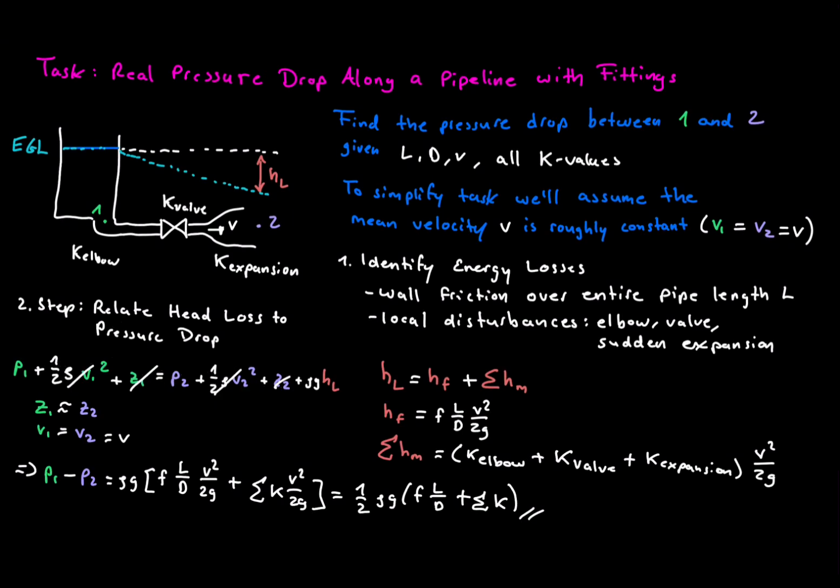Pressure 1 plus 1/2 density V squared equals pressure 2 plus 1/2 density V squared plus density g times h sub L. The kinetic terms cancel, leaving pressure 1 minus pressure 2 equals density g h sub L. The total head loss is the sum of the friction loss and the minor losses. h sub L equals f times L over d times velocity squared over 2g plus the sum of k times velocity squared over 2g for each fitting.